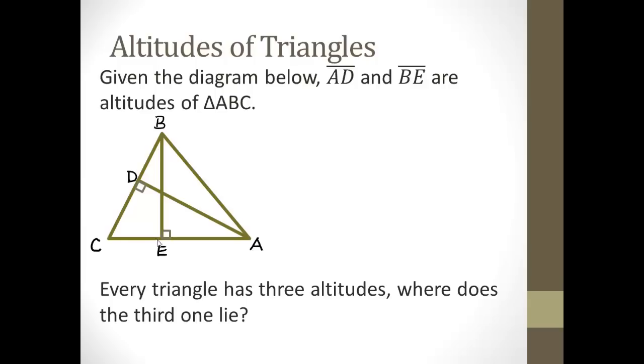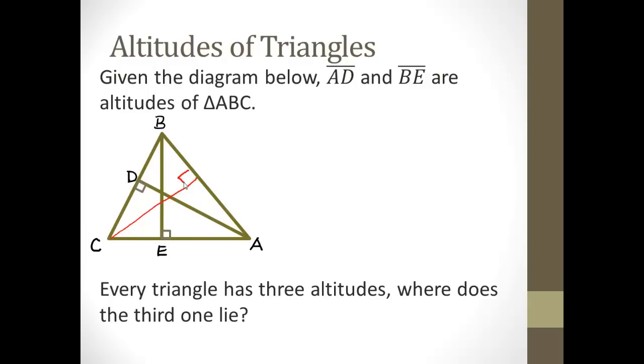Now, every triangle has three altitudes. It should also be mentioned that every triangle also has three medians, but every triangle has three altitudes. So here's one from one vertex to the other side. Here's another. BE is an altitude. And which one are we missing? Well, if you go to angle C here, from this vertex to the opposite side, which would take us somewhere around there.